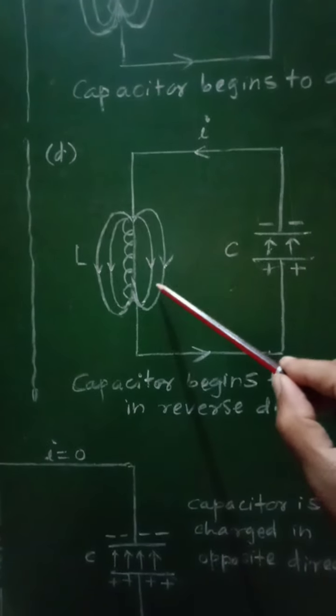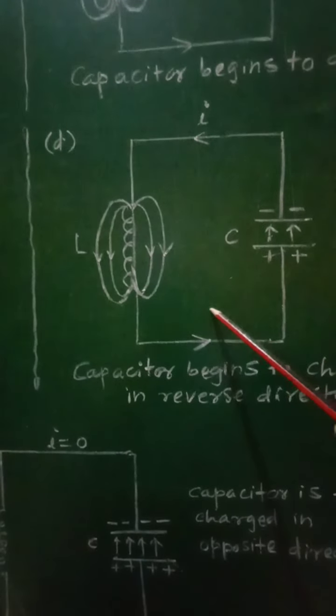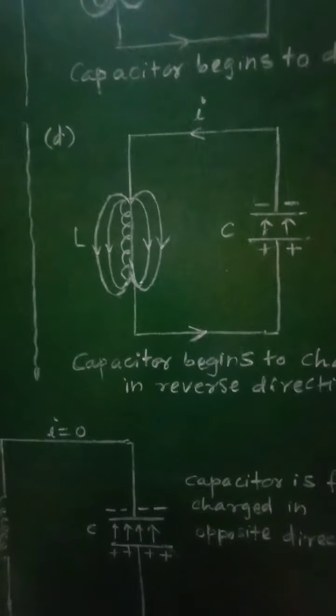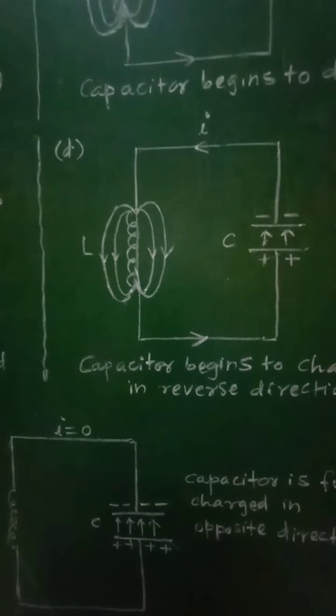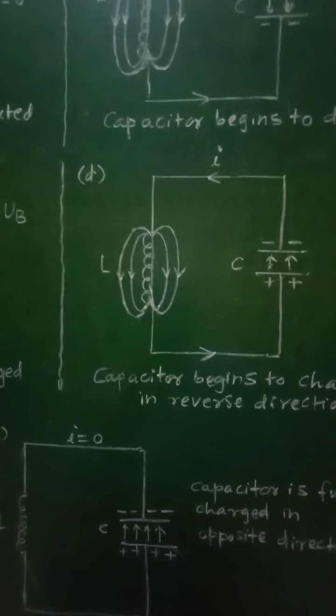Again, due to this inductor, the current I will be set up in the circuit in the same direction as that of the previous cases, and the magnitude of the current is less.